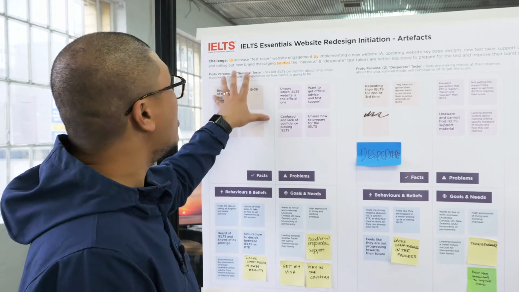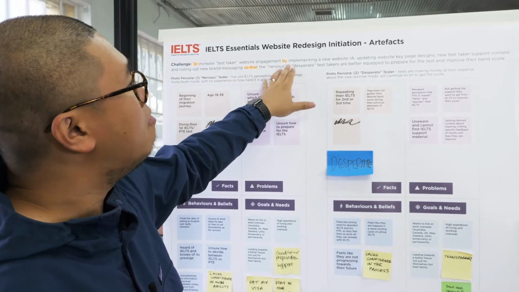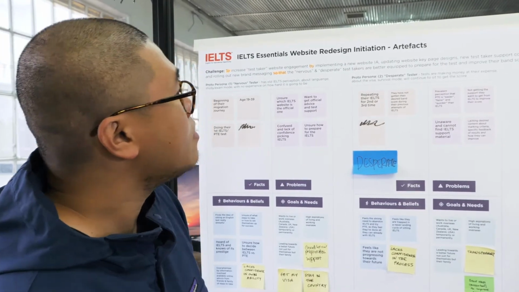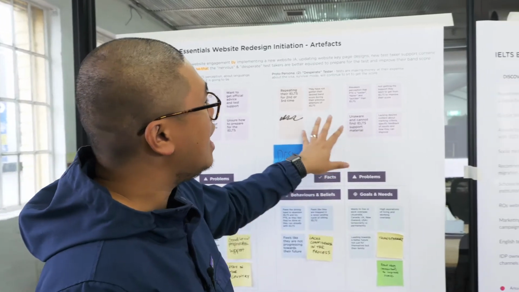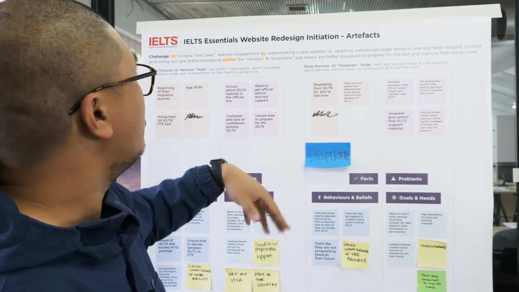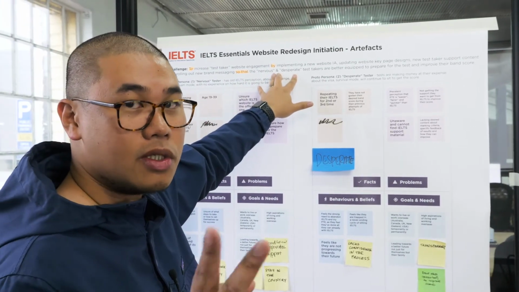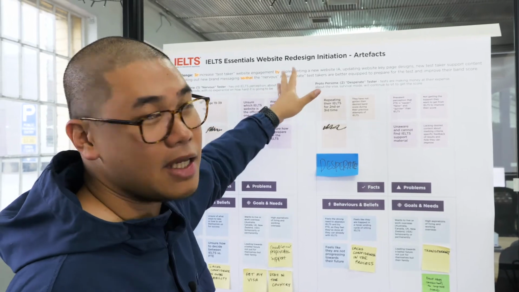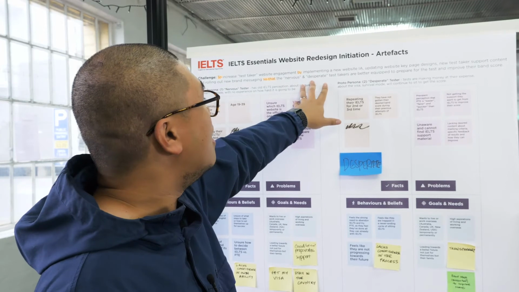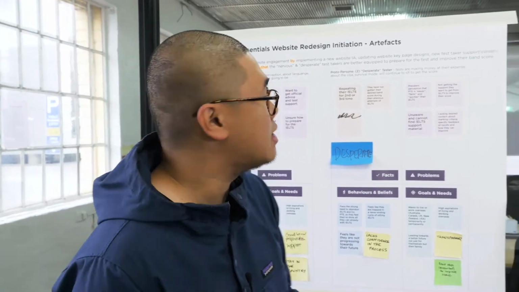So the challenge was to increase test taker website engagement by implementing a new website information architecture, updating website key page designs, new test taker support content, and rolling out new brand messaging so that the nervous and the desperate, which are the two user personas, one identified as the nervous, the other identified as the desperate, test takers are better equipped to prepare for the test and improve their band scores.